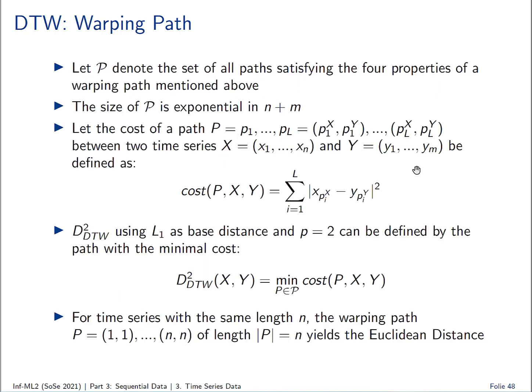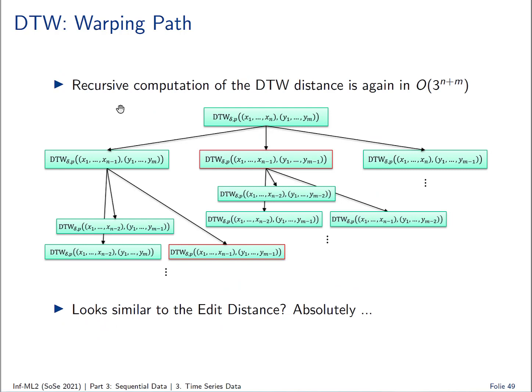And how to compute that? The same way as in the case of the edit distance, of course. If you just take the recursive computation of the dynamic time warping distance, you are again, surprise, surprise, in O of 3 to the power of n plus m, because you potentially have 3 recursive subcalls in each call in the worst case.